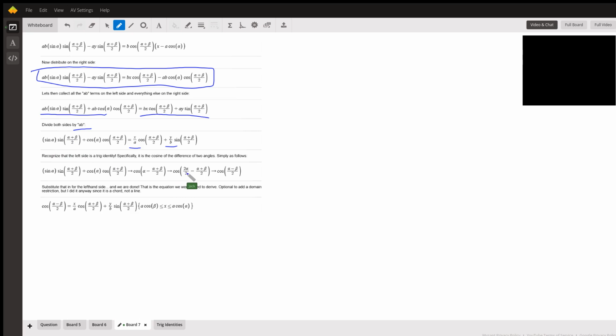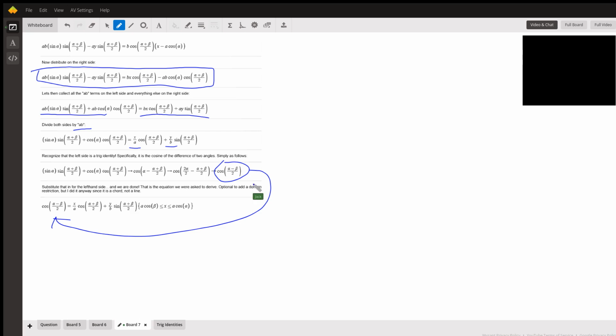And when we subtract those angles, making the denominators the same at first, 2 alpha over 2, we'll get that this becomes the cosine of alpha minus beta over 2. Now, if I replace the whole left-hand side with just cosine of alpha minus beta over 2, I will get the equation cosine of alpha minus beta over 2 equals x over a, cosine alpha plus beta over 2, plus y over b, sine alpha plus beta over 2.